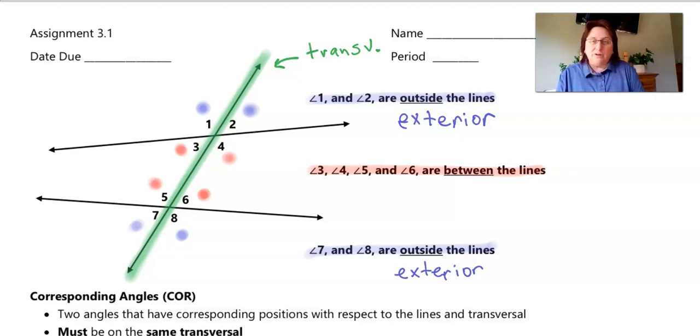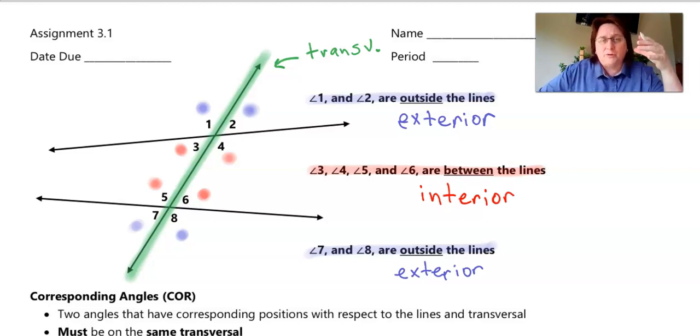So if you notice, both of those are in between the lines. Well, another word for in between the lines is interior. They're on the interior of the lines. Now, I point out those vocabulary terms because that's going to help us to determine the angle relationships.